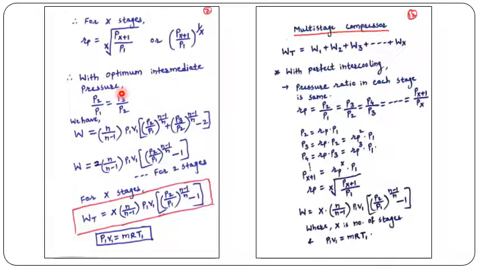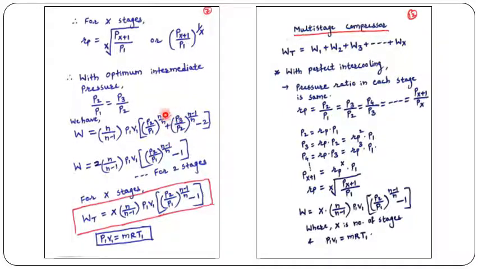Now, since we have obtained that with optimum intermediate pressure P2 by P1 is equal to P3 by P2, I can write an expression for work done, which we derived earlier, as n by n minus 1 P1 V1, this was the derived expression, P2 by P1 raised to n minus 1 by n, plus P3 by P2 raised to n minus 1 by n, minus 2. So, P2 by P1, that is this term, and P3 by P2, this term, they are same, and n values are also assumed to be same.